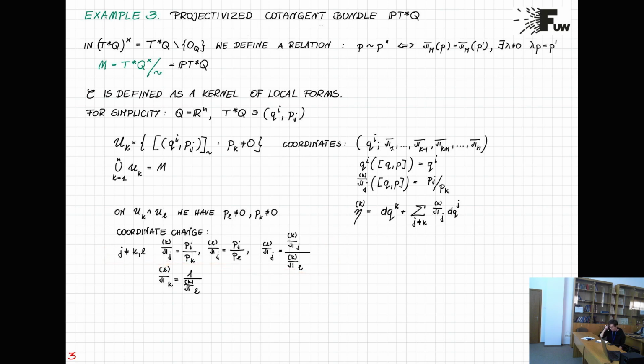So, of course, Q coordinates, so base coordinates, are the same. They do not change. If I want to write p_i coordinates in the chart number L by p_i coordinates in the chart number K, I again take the ratio. It is easy to see why it should be like that.